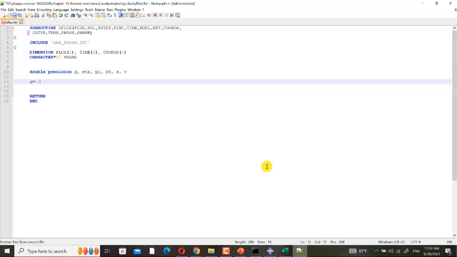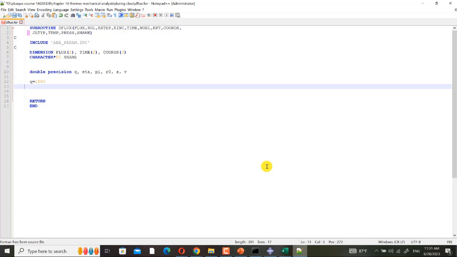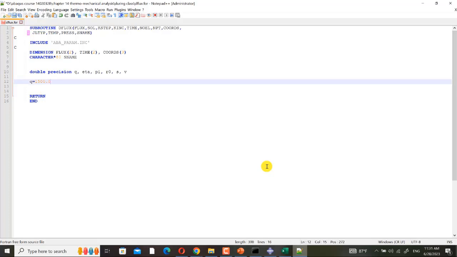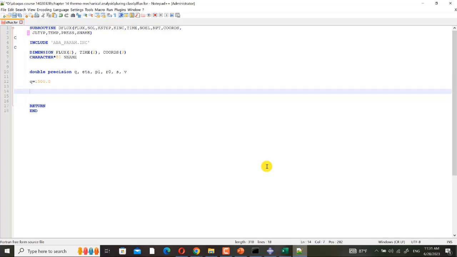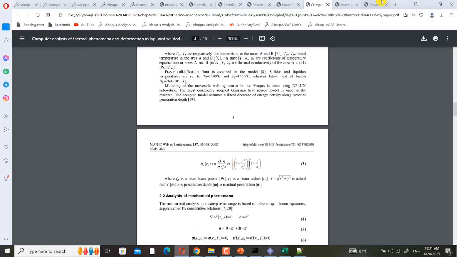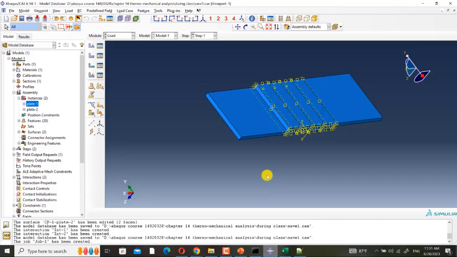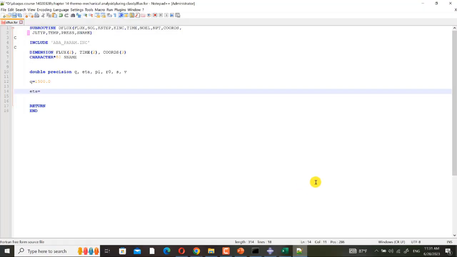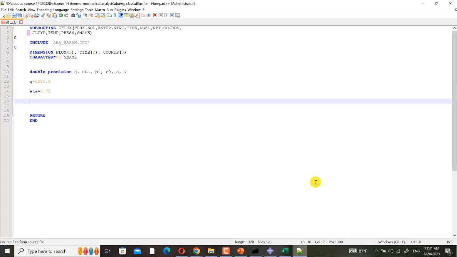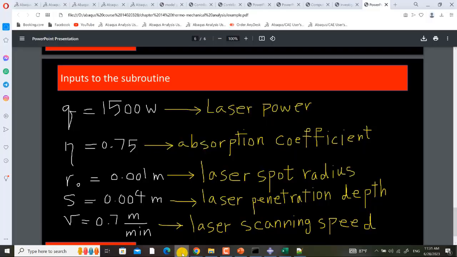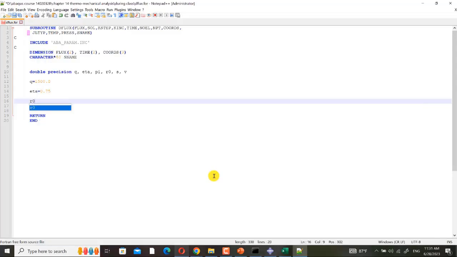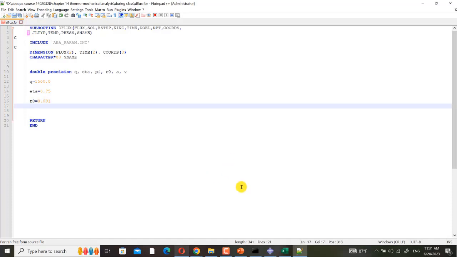What is Q? It is 1500. Also, you must write it like this because it is double precision. Eta is 0, oh, sorry, it is 0.75. R0 is the laser spot radius. Okay, we have the laser spot. Its radius is 0.001 meter.